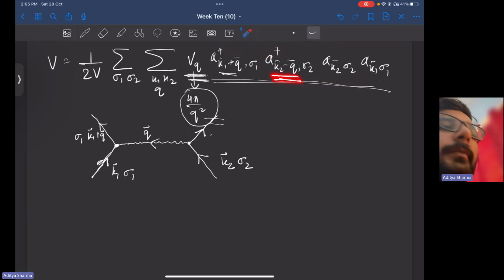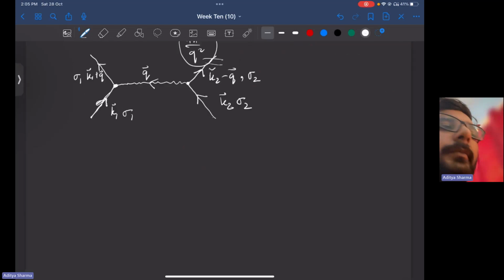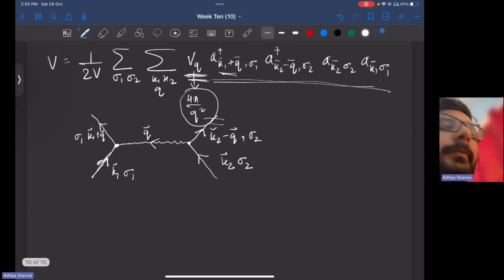with momentum k2 minus q, and the spin remains the same because it doesn't touch the spin at all. So this is the tree-level Feynman diagram of this process. What that means is you've got your Dyson equation and all these things, which are written in Professor Setlur's book.